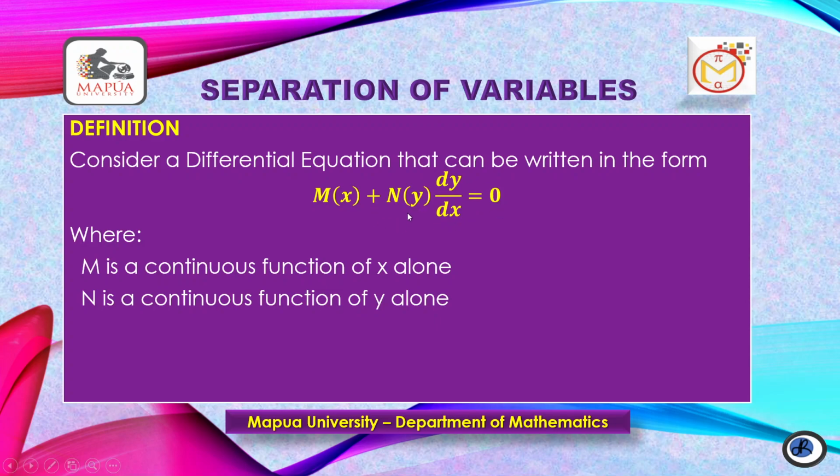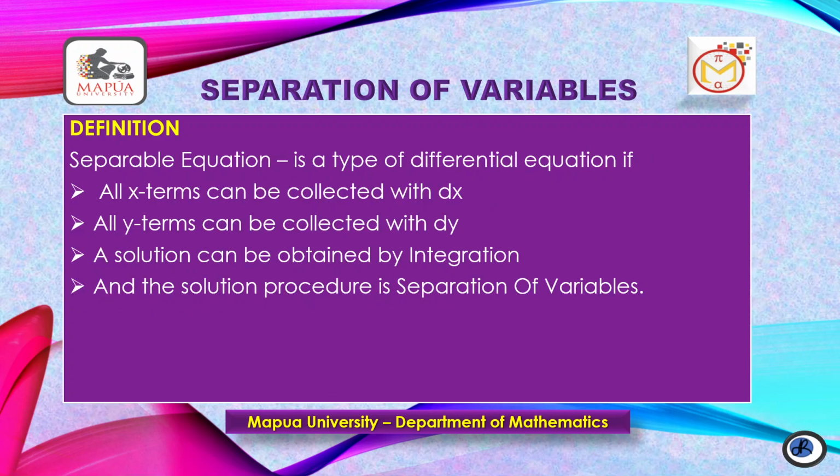The idea is that M is a continuous function of x alone, together with N, a continuous function of y alone. If the variables can be separated, wherein we can combine the x with the dx and y with the dy, this will be our solution.